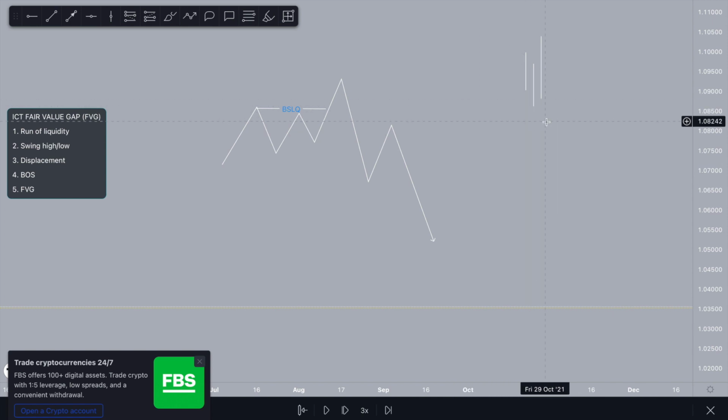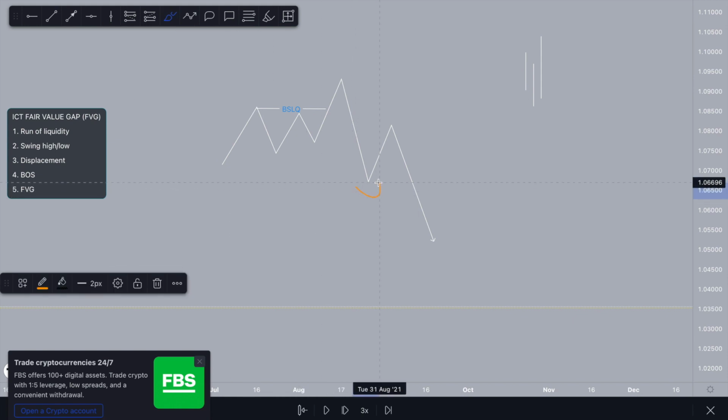This is really important because this is what we use when we are evaluating if we have a change in our market structure. At this area, we'll use this level as our swing low.